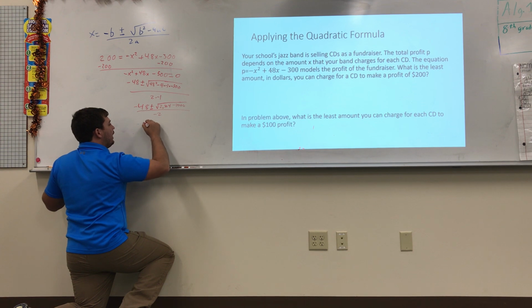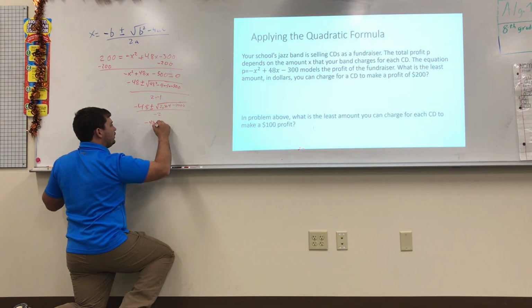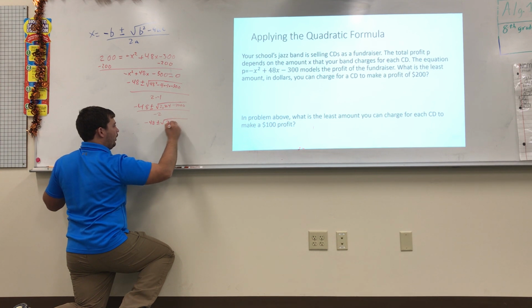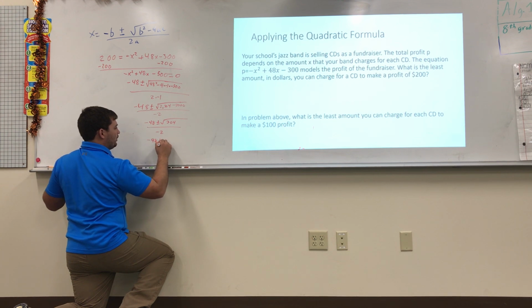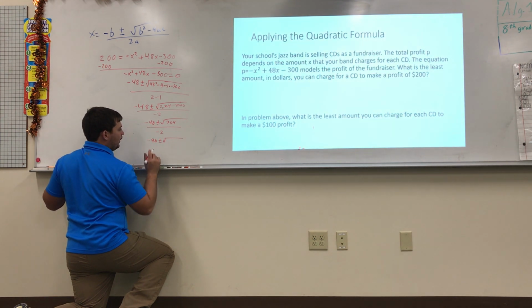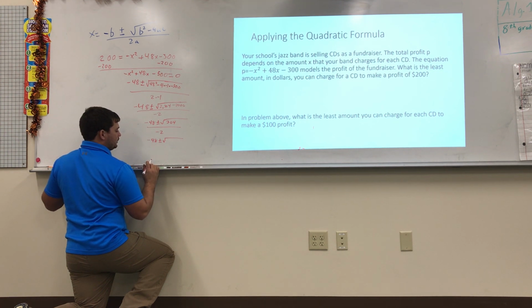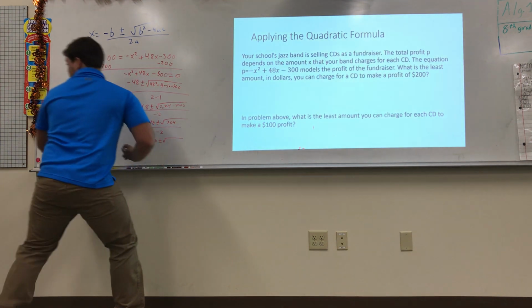When I do that, I'm going to get negative 48 plus or minus the square root of 304 over negative 2. Square root that, you're going to get negative 48 plus or minus the square root of 17.